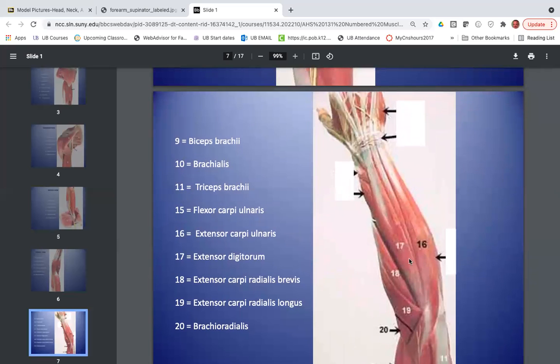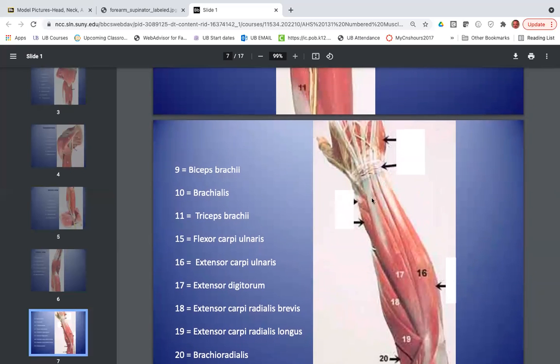16 and 17. Let's look at number 17 first. This is that large extensor tendon that we could see going to digits 2, 3, and 4. That's the extensor digitorum, deep to the extensor retinaculum. And then number 16 is the extensor carpi, and it's on the pinky side, extensor carpi ulnaris.